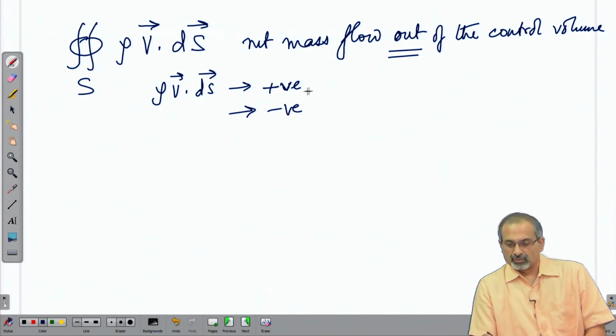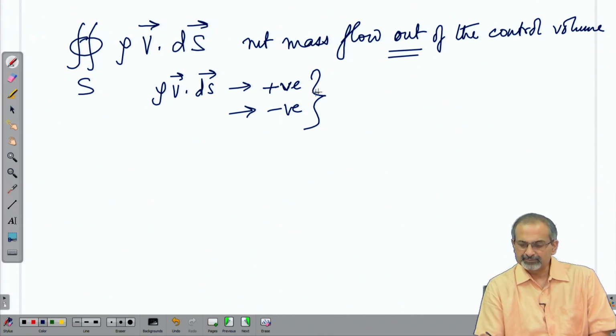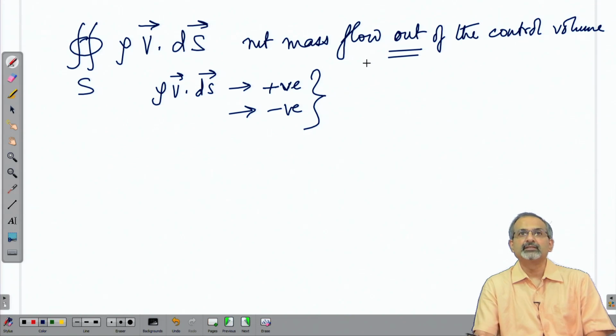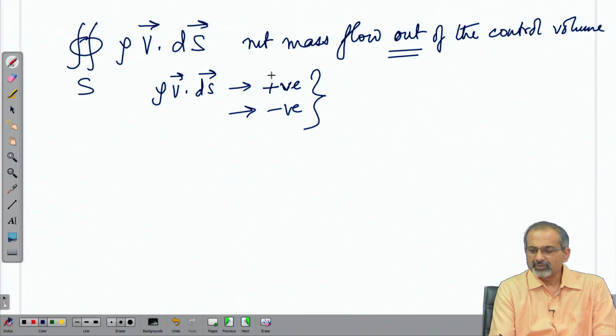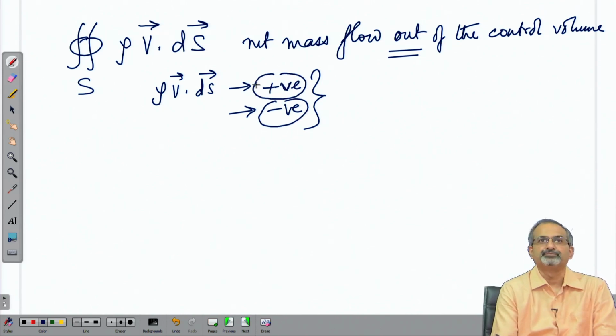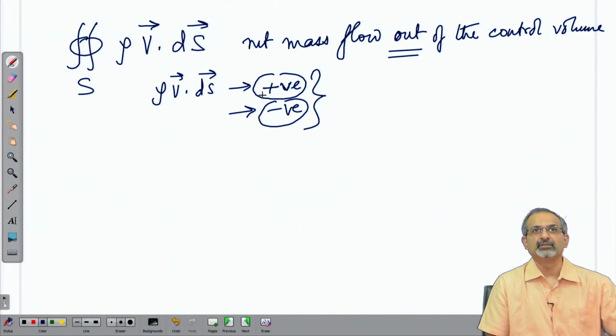So, when you sum up all the effects, finally, you figure out whether there is an effective net mass flow moving out of the control volume or net mass flow moving into the control volume, depending on whether the final quantity happens to be positive or negative. So, this is one aspect of the mass conservation equation.